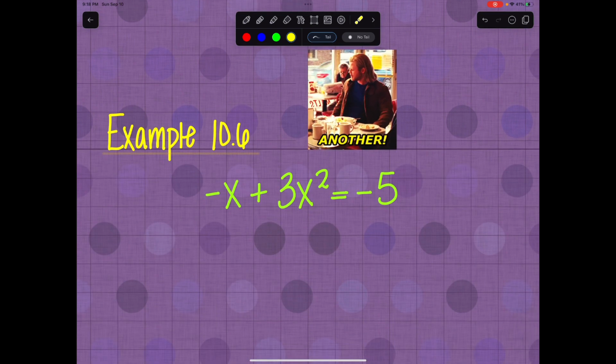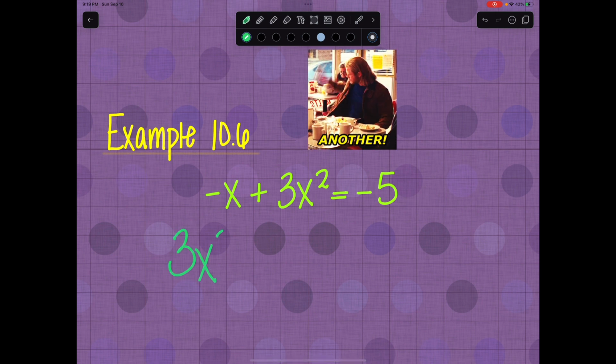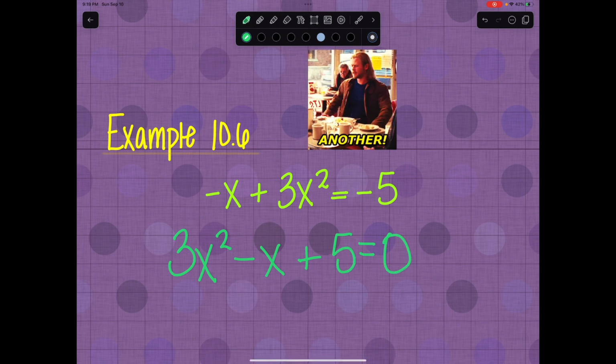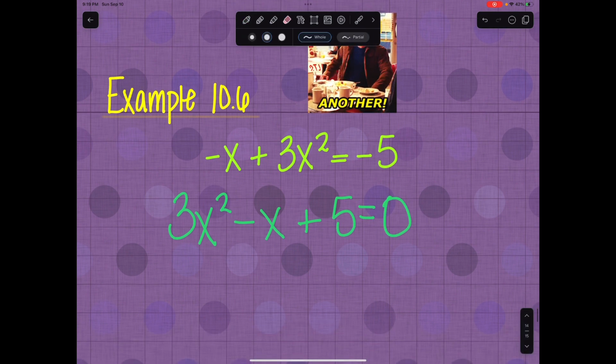They want us to solve this equation by completing the square. The first step is to write the equation in standard form. We got to put them in order. So we're going to do 3x squared minus x plus 5 equals 0. Now, we also have to have this be a coefficient of 1.